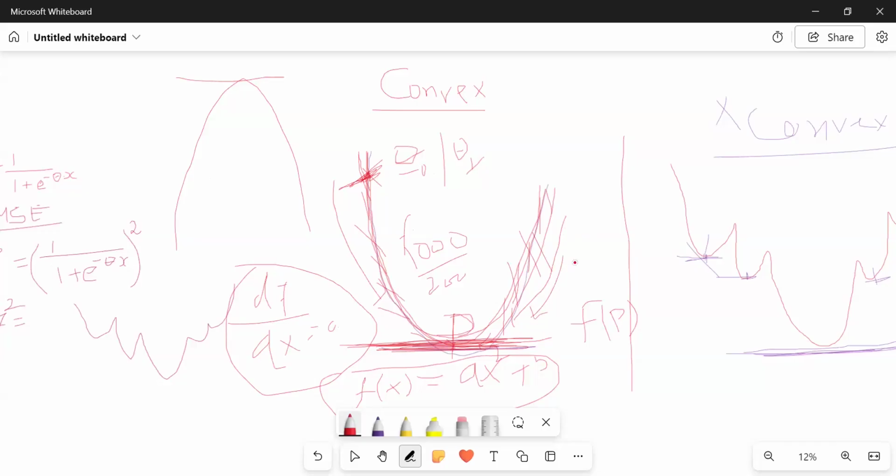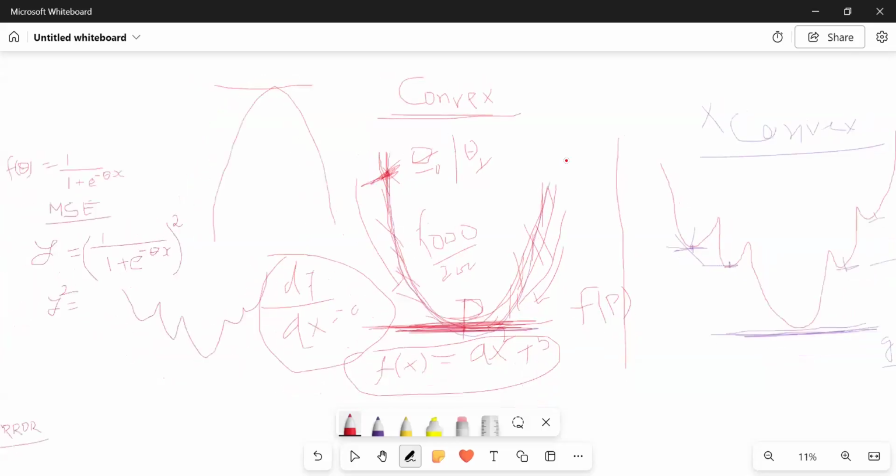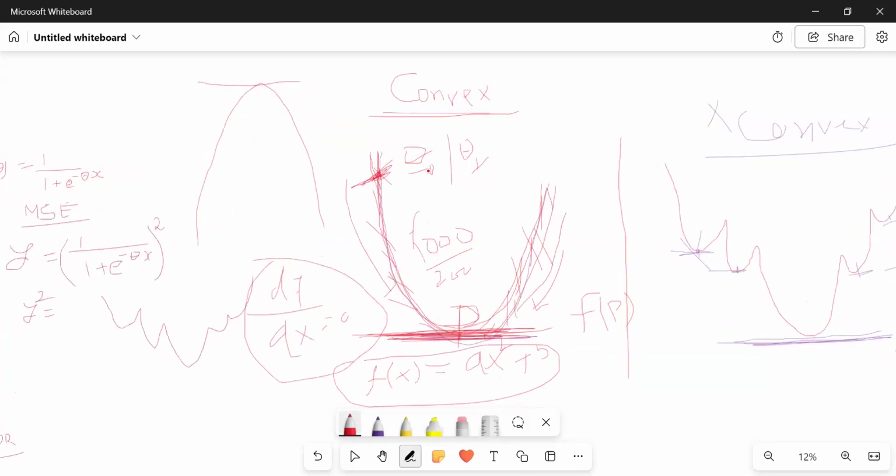But the concept says that in the case of a convex graph, applying gradient descent is possible. You can easily apply this process, which is called gradient descent, on a convex graph. If the graph is convex, then we can apply gradient descent smoothly, and we can find the minima or maxima.